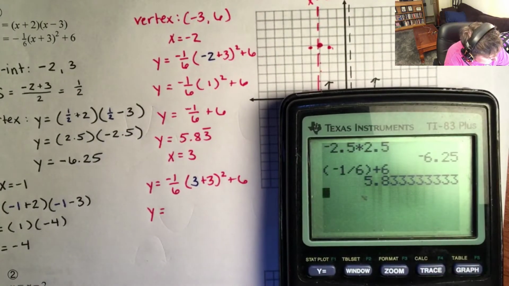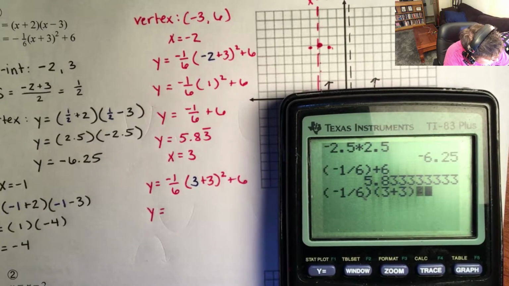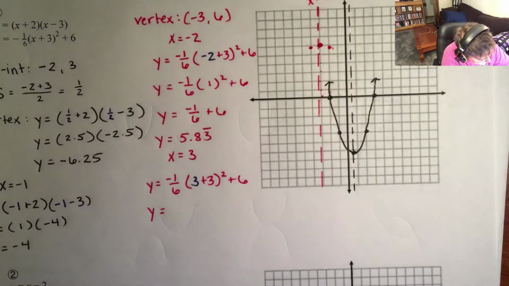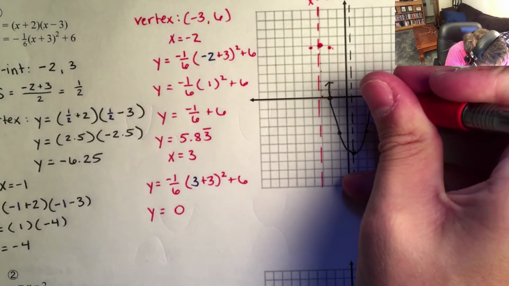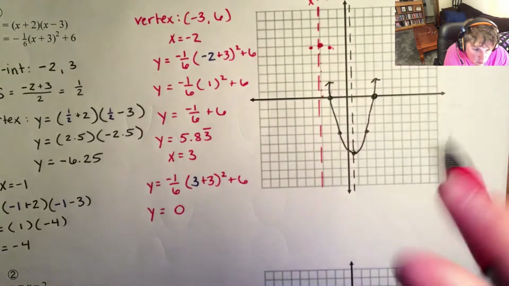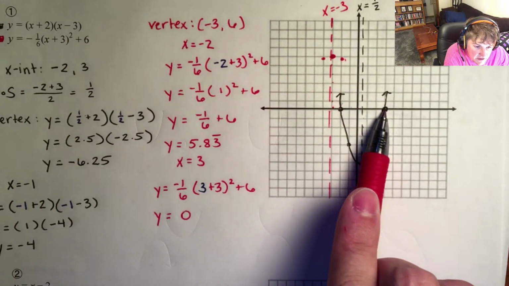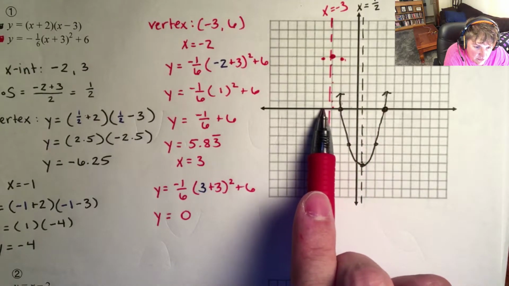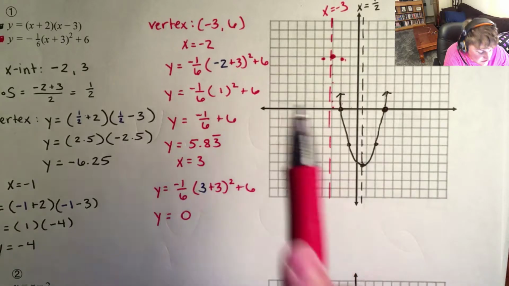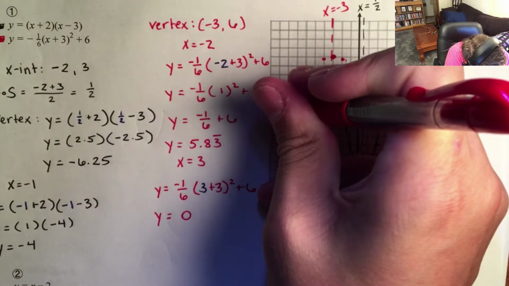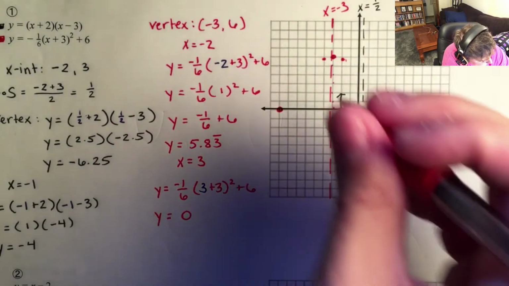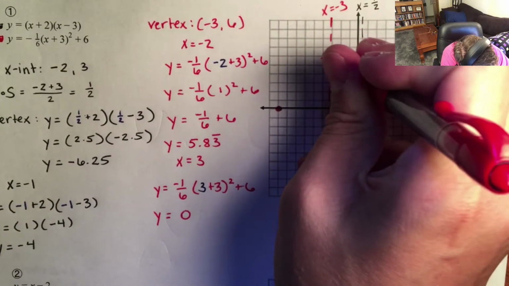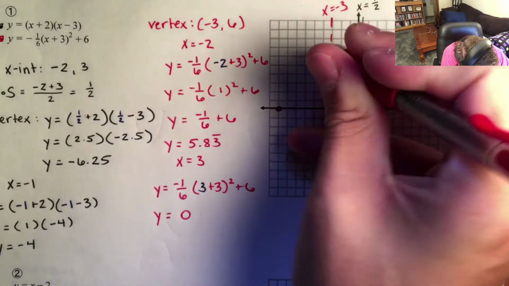So here we're going to go negative 1/6 times 3 plus 3 squared plus 6, which is 0. Okay, this is actually great, right? Because now we have this ordered pair 3, 0. So we see that they overlap exactly on this spot. So 1, 2, 3, 4, 5, 6 away from my line. So right here. Okay, so here I kind of have a curve, and you know it's going out like this.